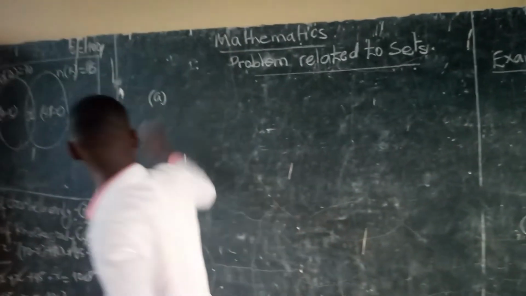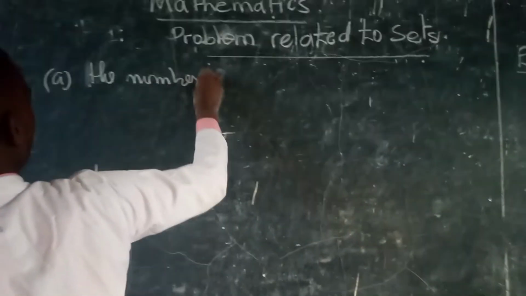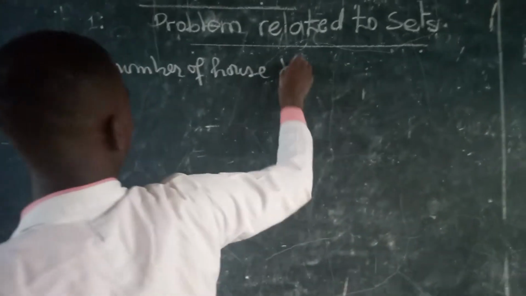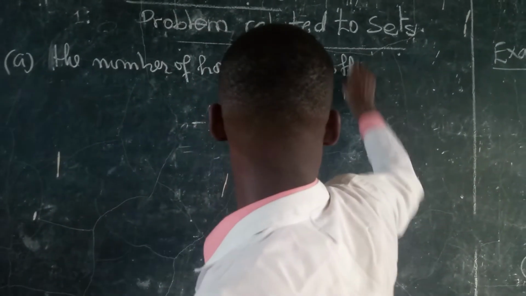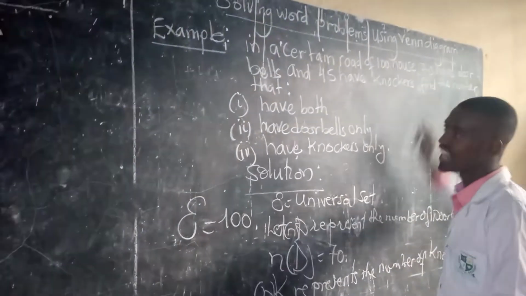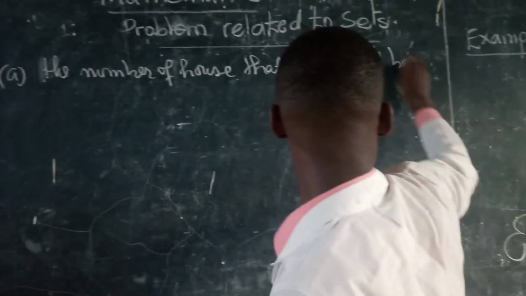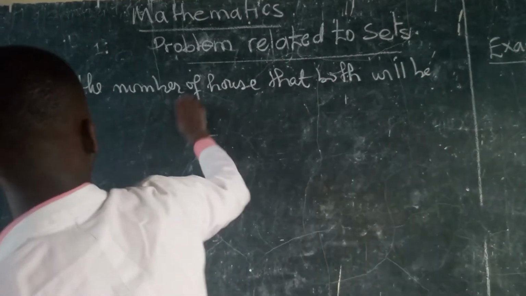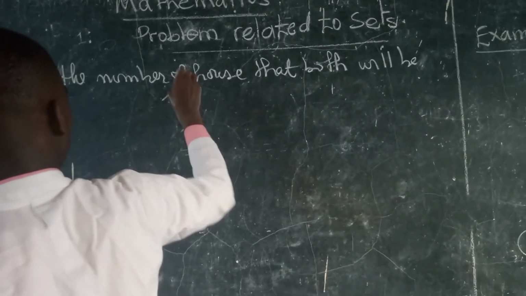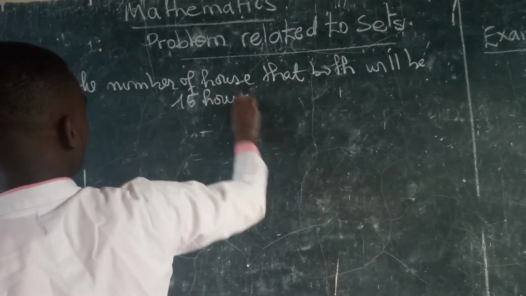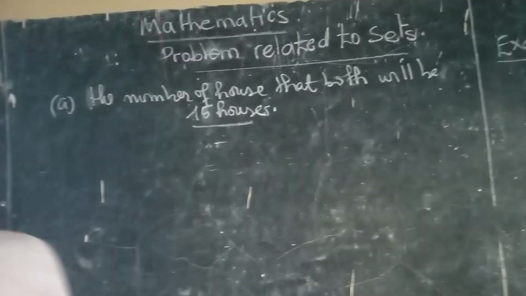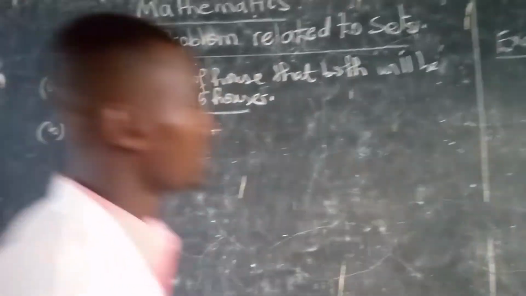We come to A. The number of houses that have both doorbells and knockers will be 15. 15 houses. Clear?